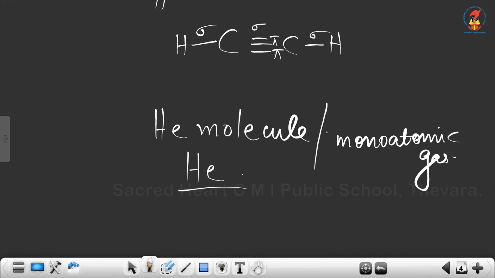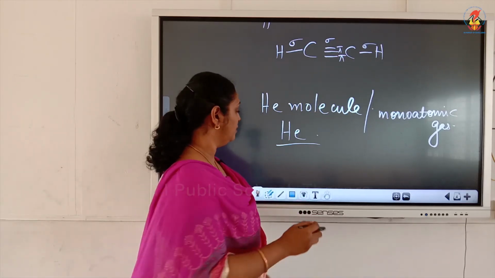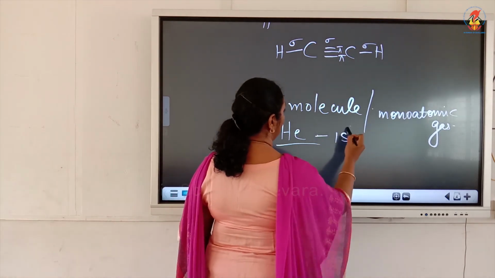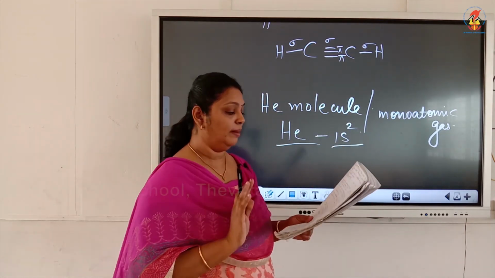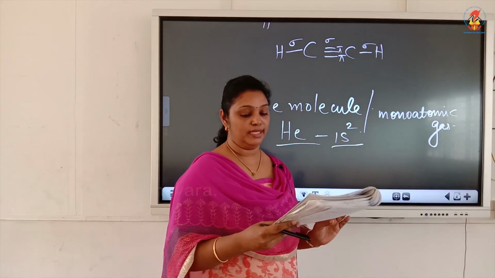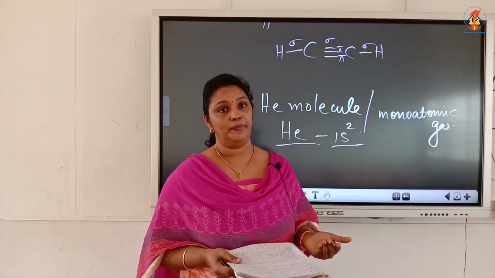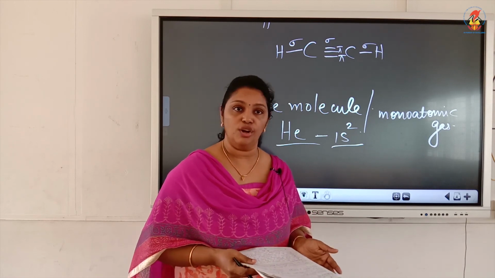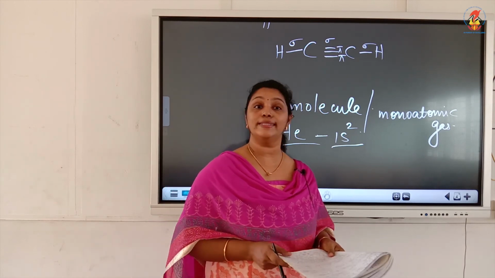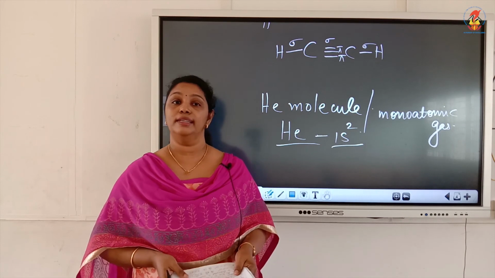The answer is, you know, helium. What is the electronic configuration of helium? 1s2. It has a completely filled 1s orbital, and so these orbitals cannot overlap. So helium molecule does not exist. Helium always exists as a monoatomic gas.